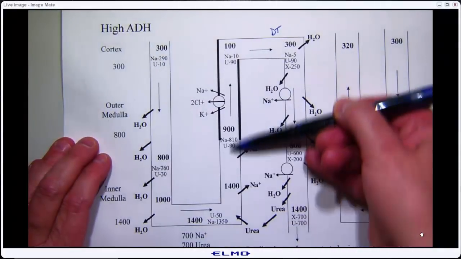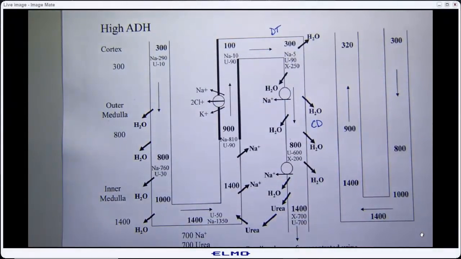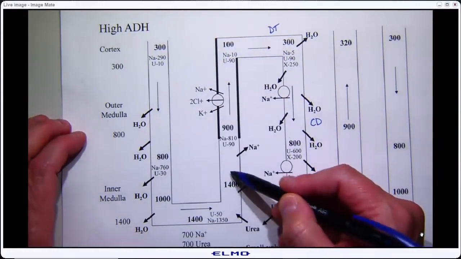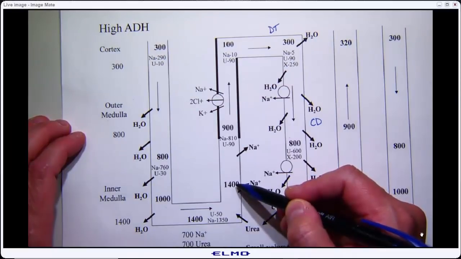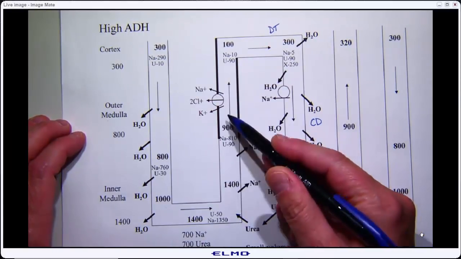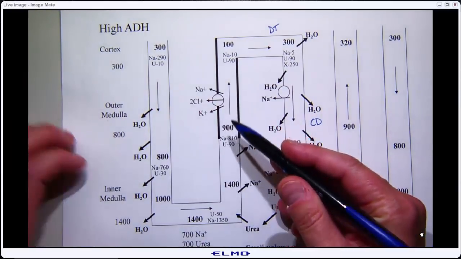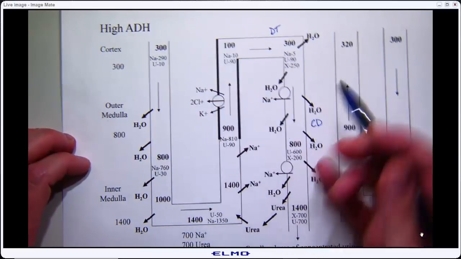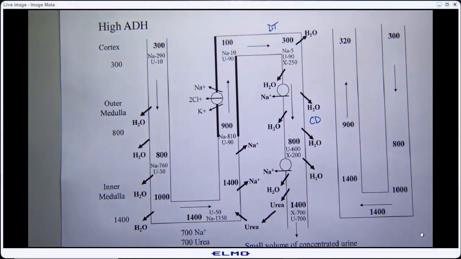And then as we move that fluid up through the thin ascending limb, where it's now impermeable to water but permeable to sodium, it's very concentrated sodium on the inside. As we move that back up through the concentration gradient of the medullary space, sodium will move down its concentration gradient. Okay, this is exactly what was going to be happening in the absence of ADH.